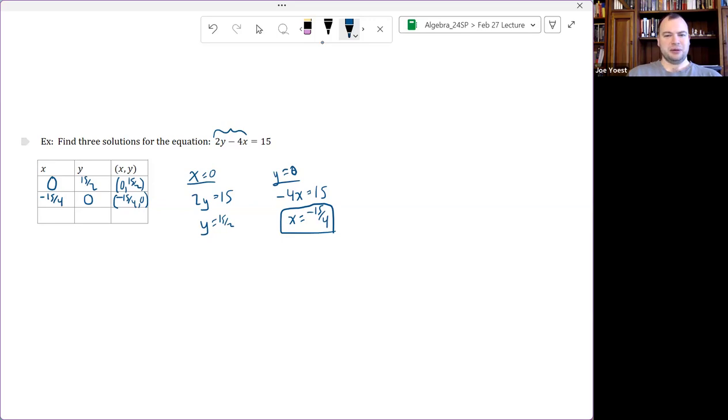So this problem is just a little less of a nice problem than the last one. So maybe I'll pick, say, x equals 1, mainly because x equals 1 isn't going to give me super big numbers to deal with. And I think this won't be terrible to do the algebra for.